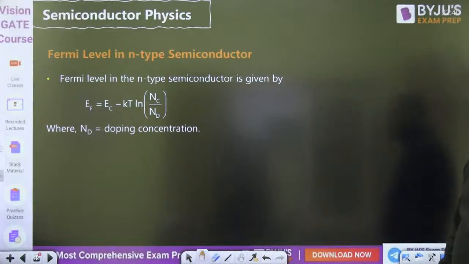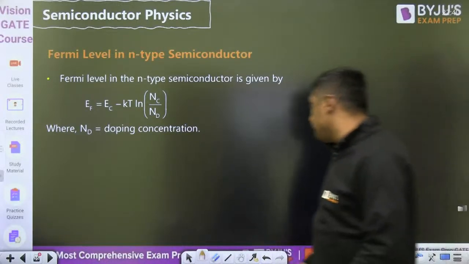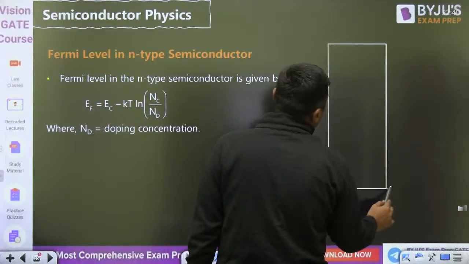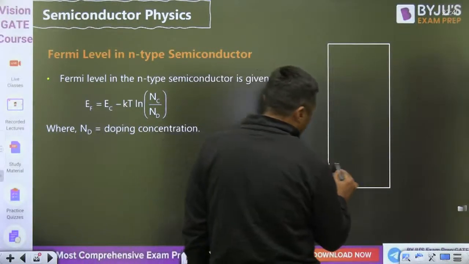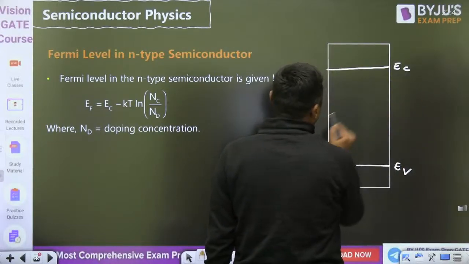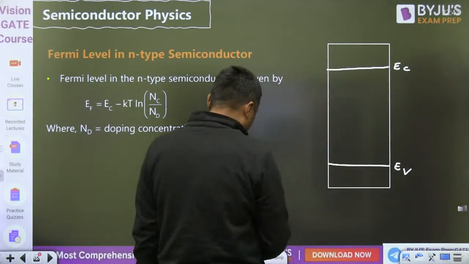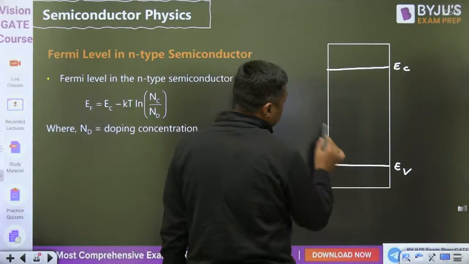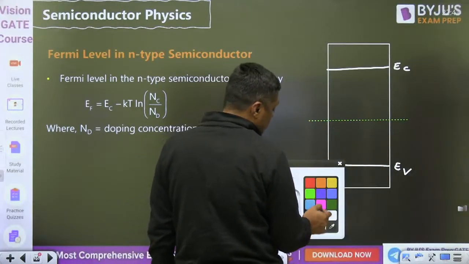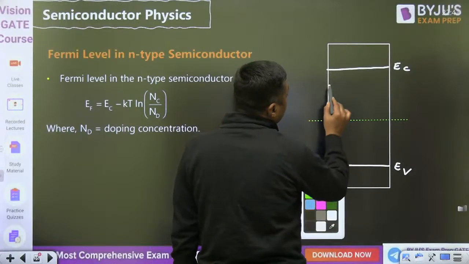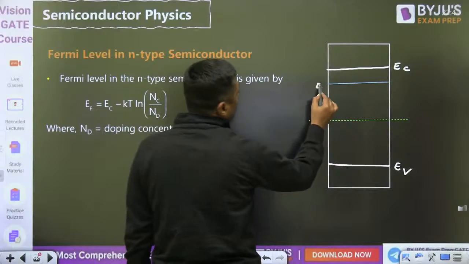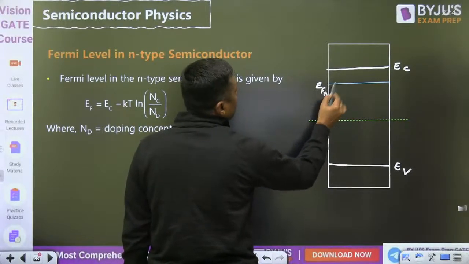Then the Fermi energy level in N-type. Always draw the diagram and get the idea. In N-type, where is the Fermi energy level? Near the conduction band. And that is the intrinsic Fermi energy level, and then the actual Fermi level near the conduction band, EFN.